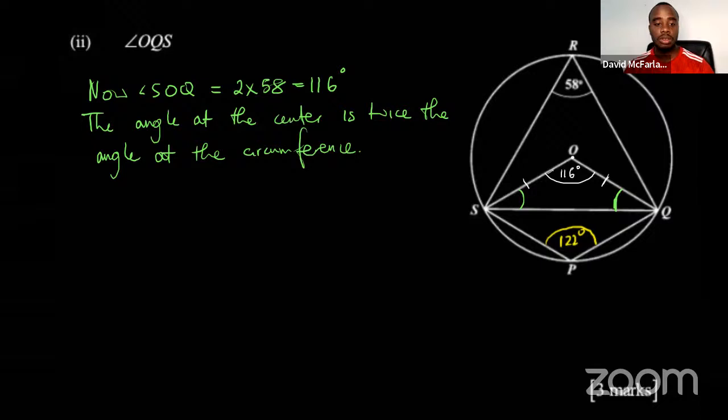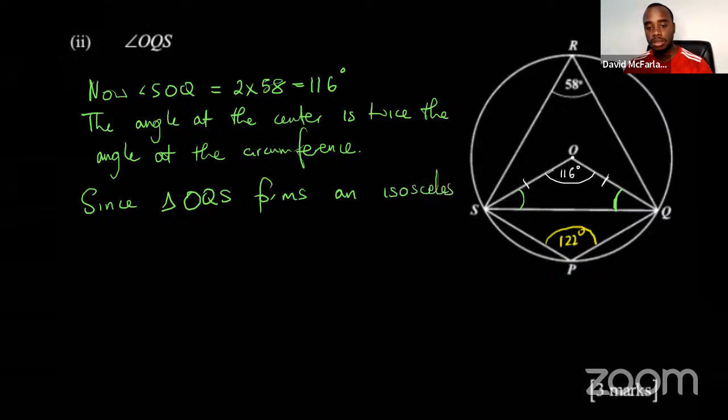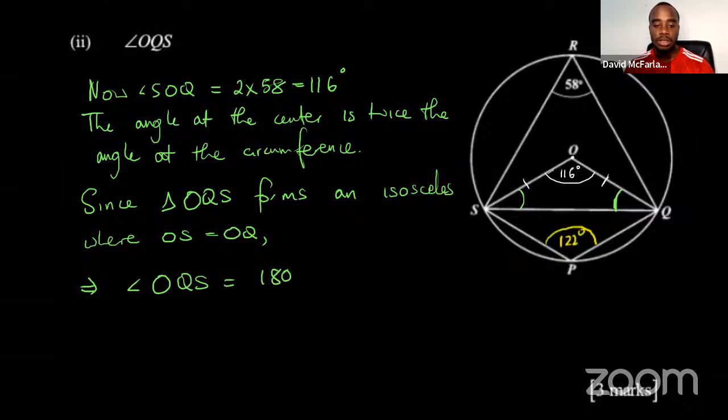And then now we know that since triangle OQS forms an isosceles, where OS is equal to OQ, then angle OQS, the angle that we want, is going to be equal to 180 minus 116 divided by 2.